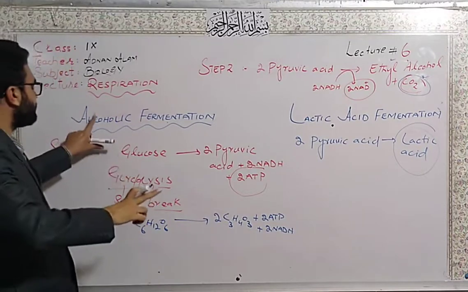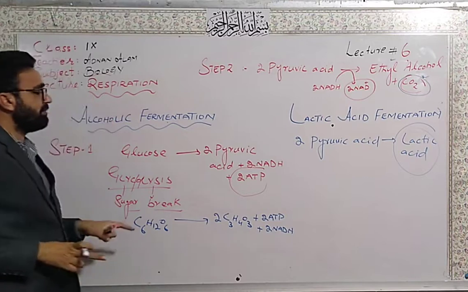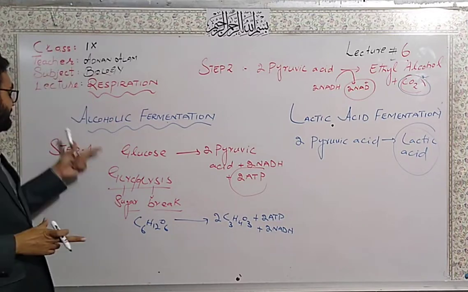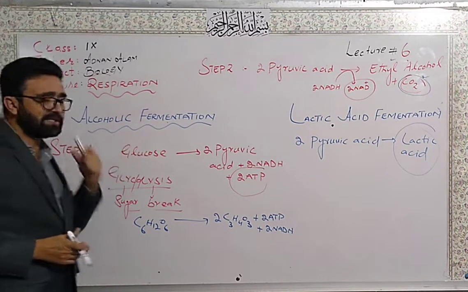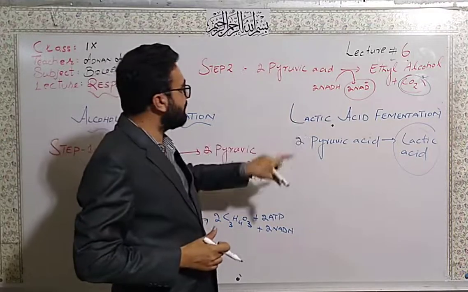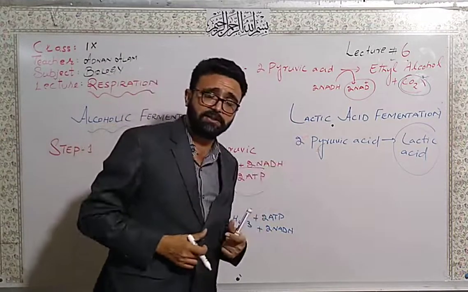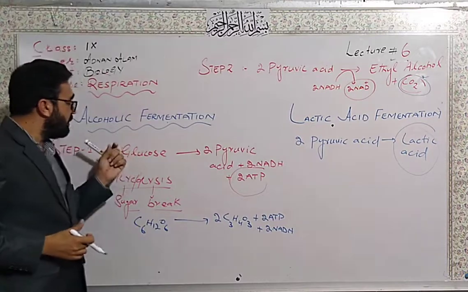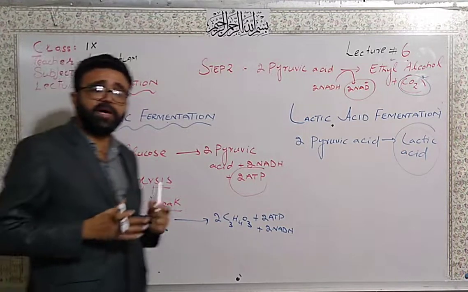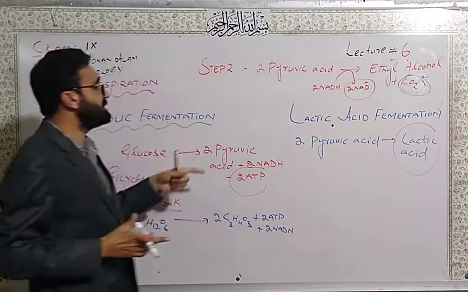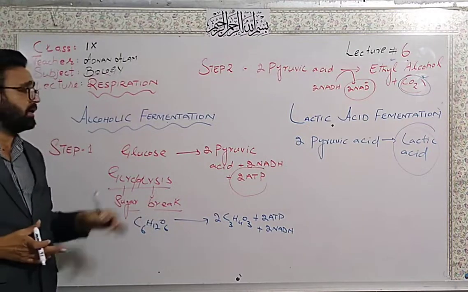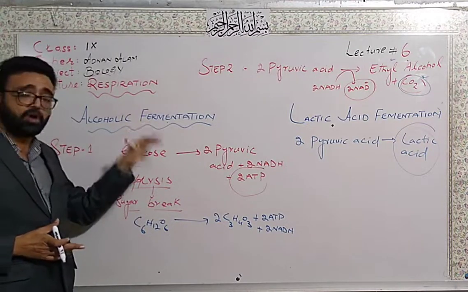Dear students, alcoholic fermentation usually occurs in plant cells and lactic acid fermentation usually occurs in animal cells. Why? Because of the enzymes. This is a whole enzyme mediated process.